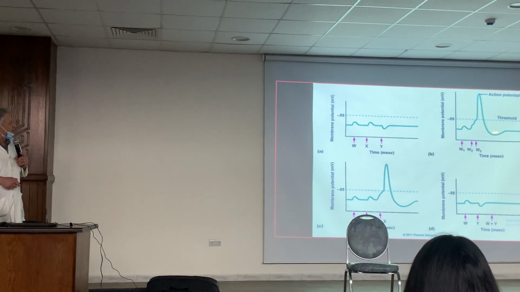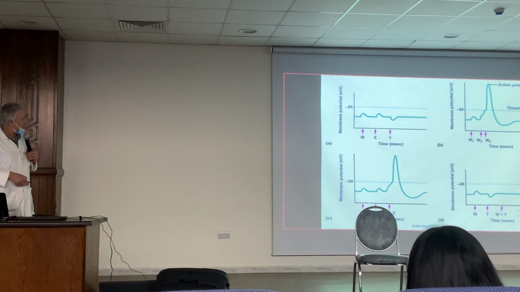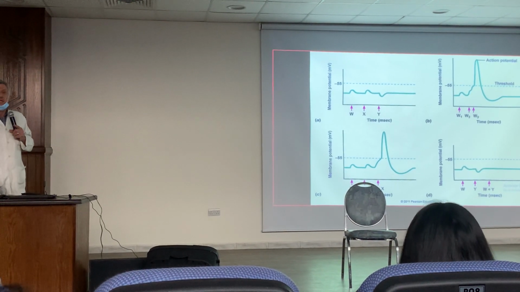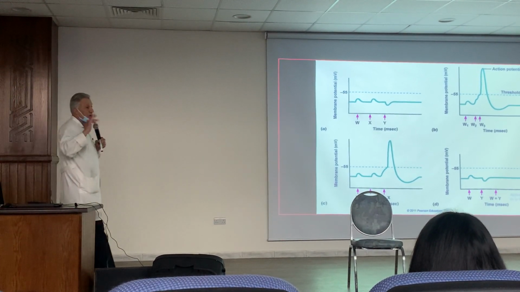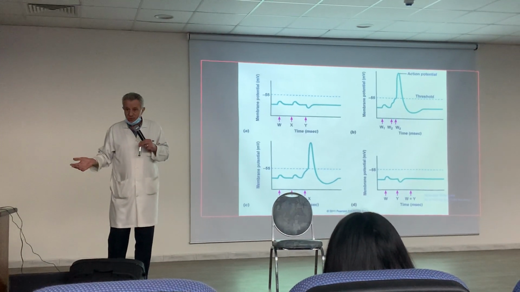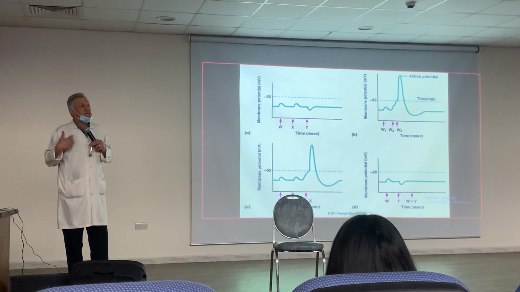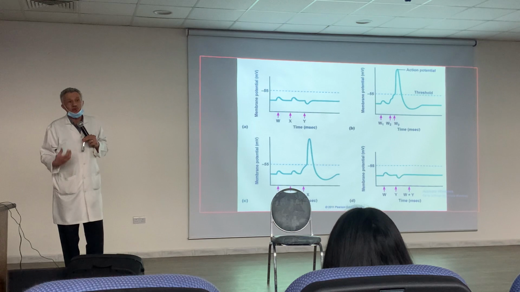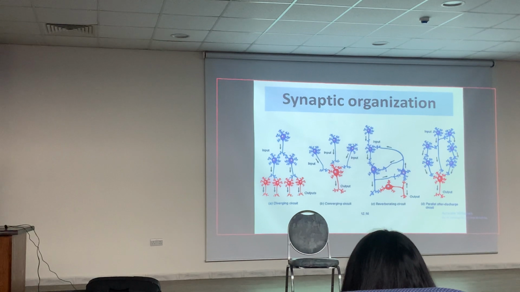Here, if you have many stimuli coming from the same source, what you are getting is depolarization, more depolarization, reaching threshold, and generating the action potential. Over our neural cells, you can have both types of summation, the spatial and temporal summation together, according finally to these stimuli that are coming. So that second neuron now is deciding to generate an action potential or no action potential.